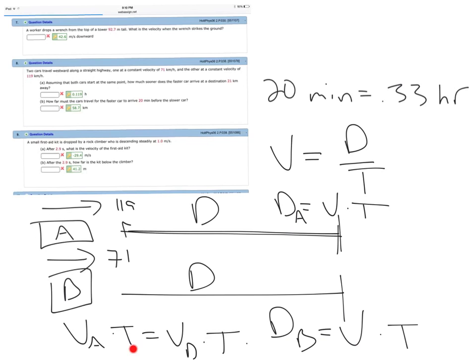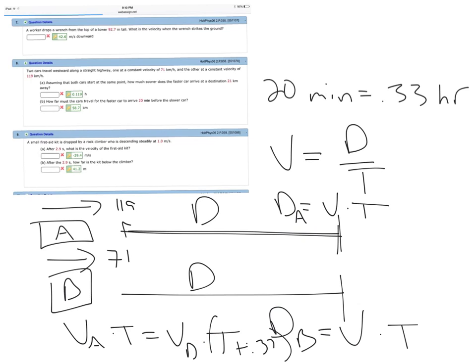Now, these times are different. And so what I need to do is plug in the velocity for car A. If car A has time t, then car B has time t plus 0.33, because car B is going to take an extra 0.33 hours to travel that distance.